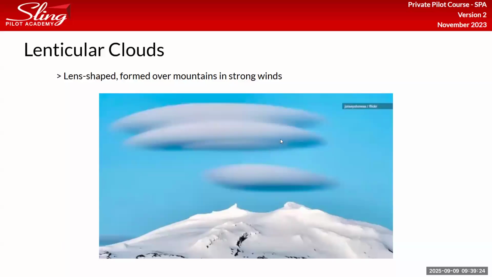That air is pushing up the cloud and then moving on the other side, so it becomes this elongated circle on top of the cloud, lens shaped. Because it's formed in strong winds, this indicates extreme turbulence over the top of the mountain. So you would not want to fly into a lenticular cloud. Okay.